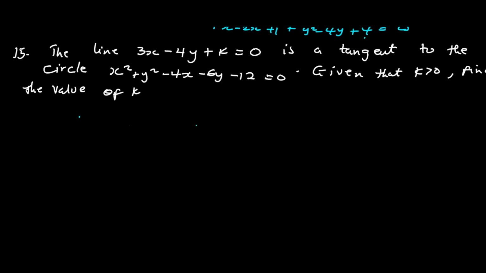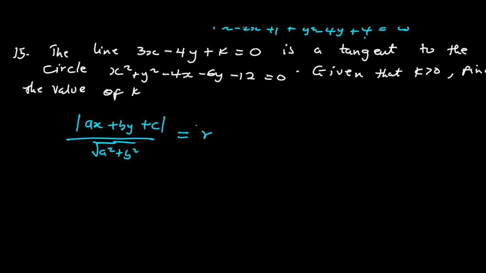So to find the perpendicular distance, that is the absolute value of ax plus by plus c, all over the square root of a squared plus b squared, right? And in our case, this should give us r.